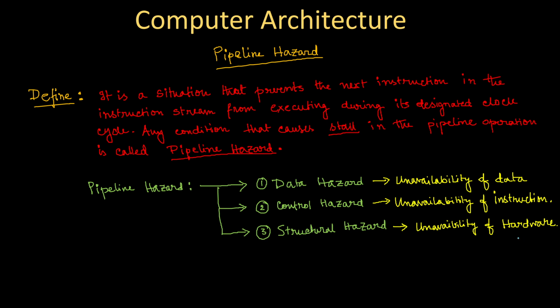So unavailability of hardware, I can also call it a resource conflict, and the stall that happens is called structural hazard. So these are the three major categories of hazard we have in a pipeline situation.